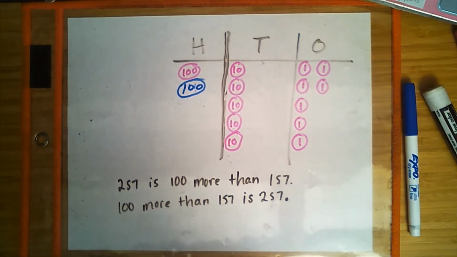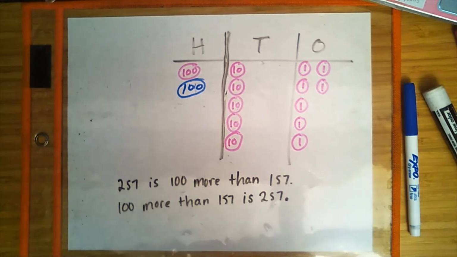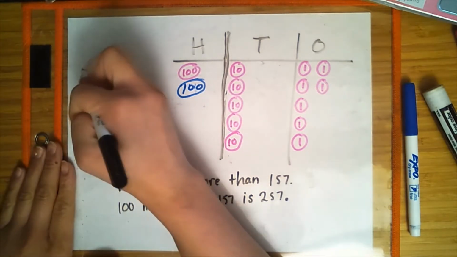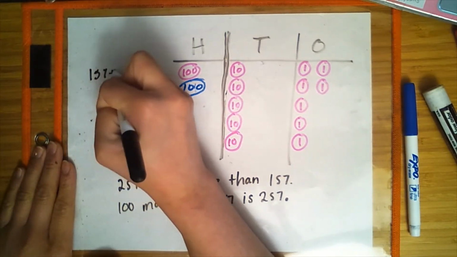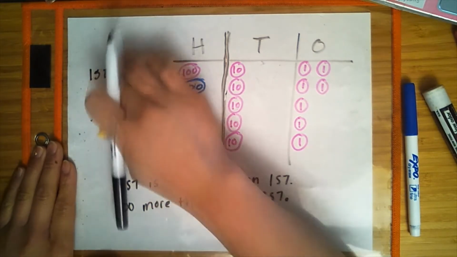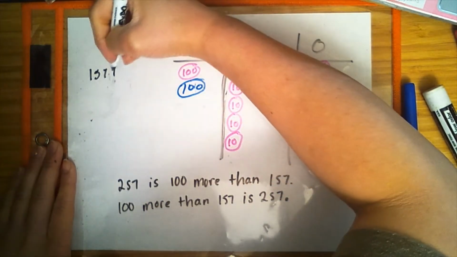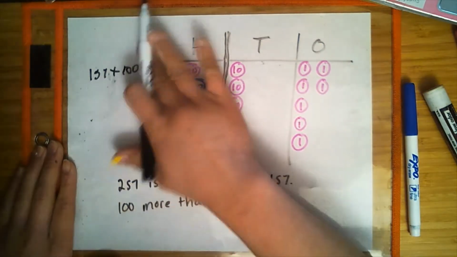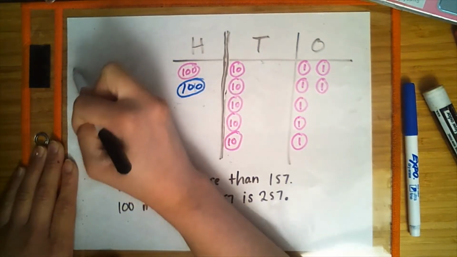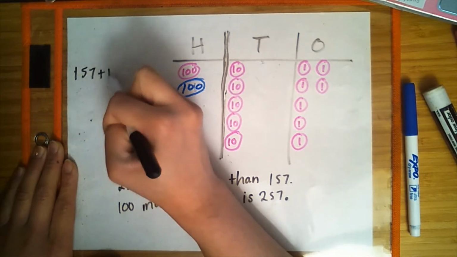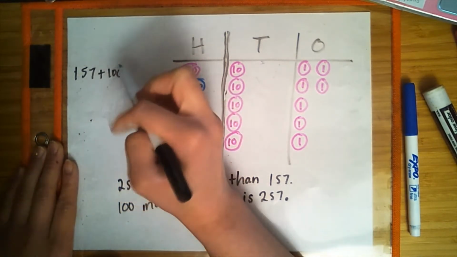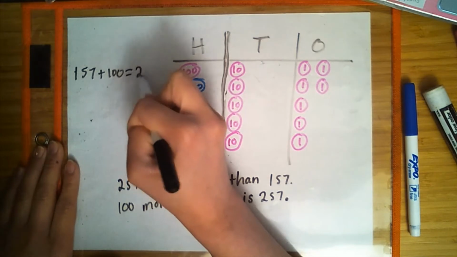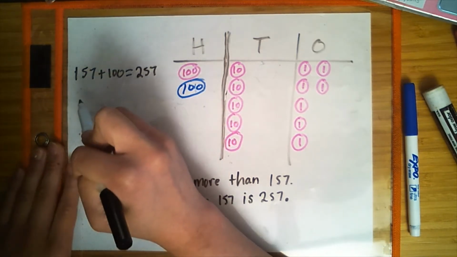Now let's write an addition number sentence starting with 157. 157 plus 100 equals 257.